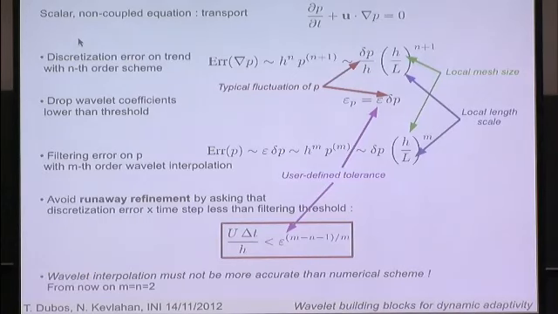So that's actually quite a moral: the wavelet interpolation must not be more accurate than your scheme. You will not gain anything, and you can actually get runaway refinement unless you take a penalty on the Courant number. So here n is 2 because that's the scheme we've chosen, and all our interpolations are second order accurate, and we are safe.